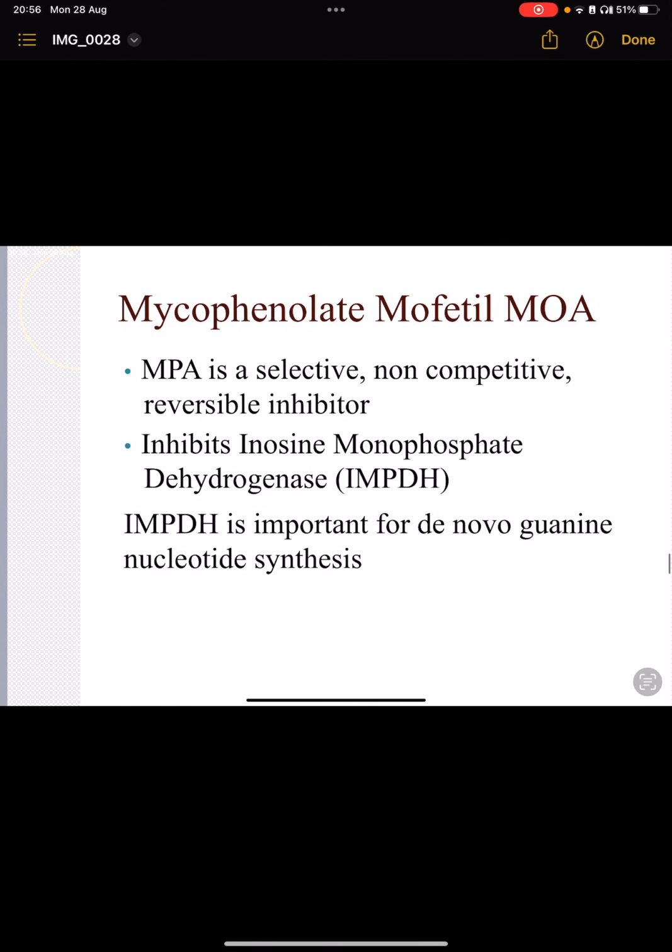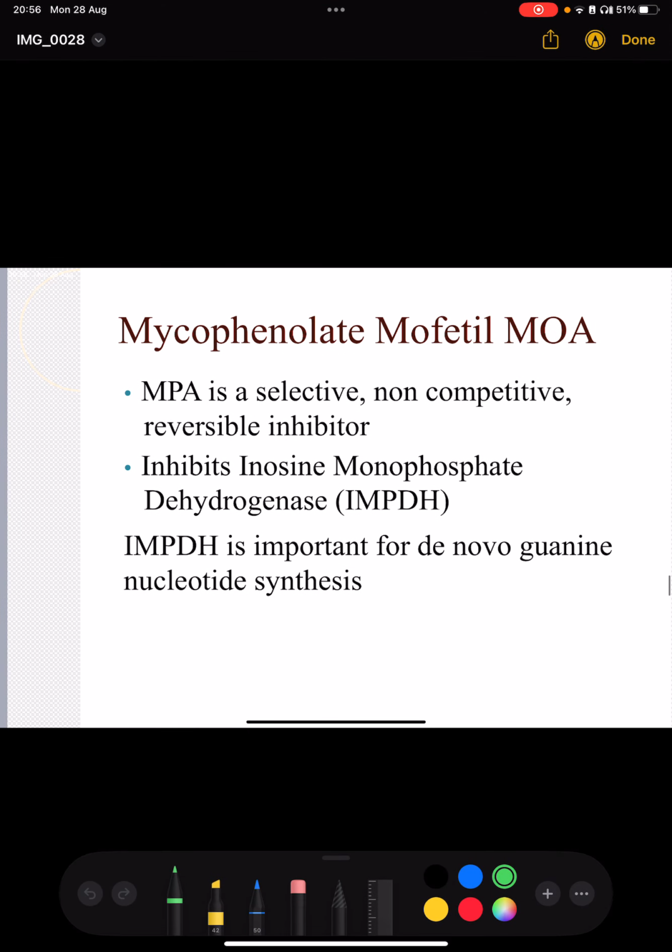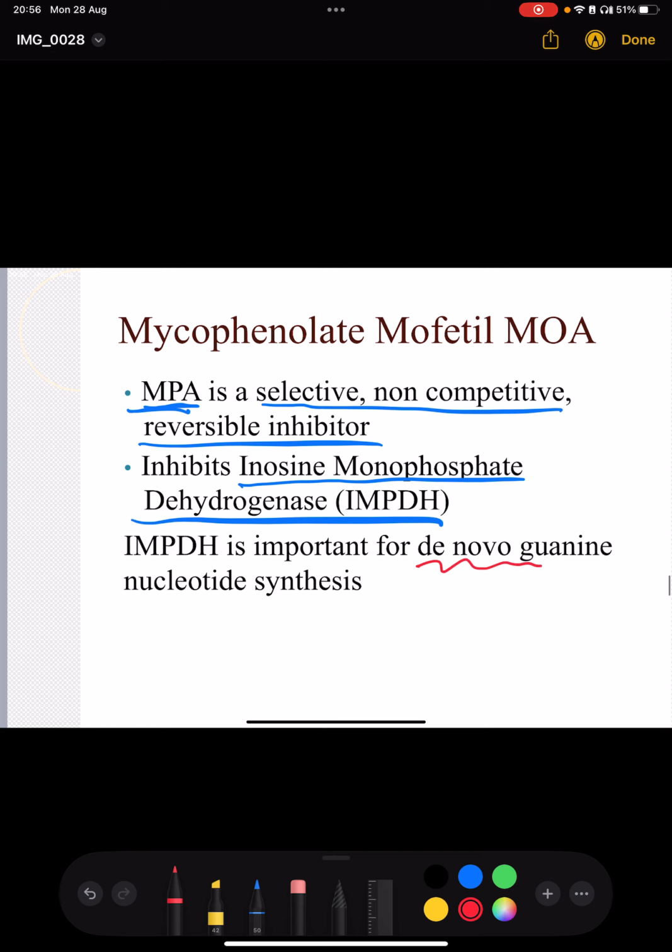Okay, so now let's talk about its mechanism of action. Mycophenolate mofetil, its active form mycophenolic acid, is a selective, non-competitive reversible inhibitor of an enzyme. That enzyme is inosine monophosphate dehydrogenase. If you recall your biochemistry class, it is important for de novo guanine nucleotide synthesis. De novo guanine nucleotide synthesis is important to get guanines.